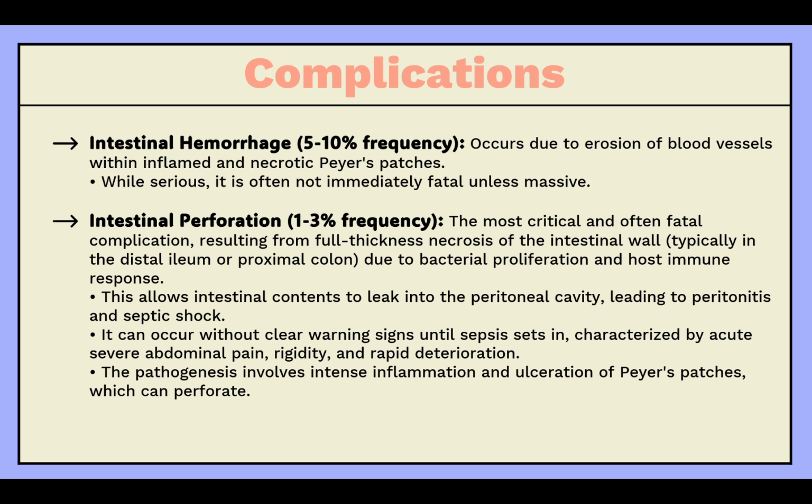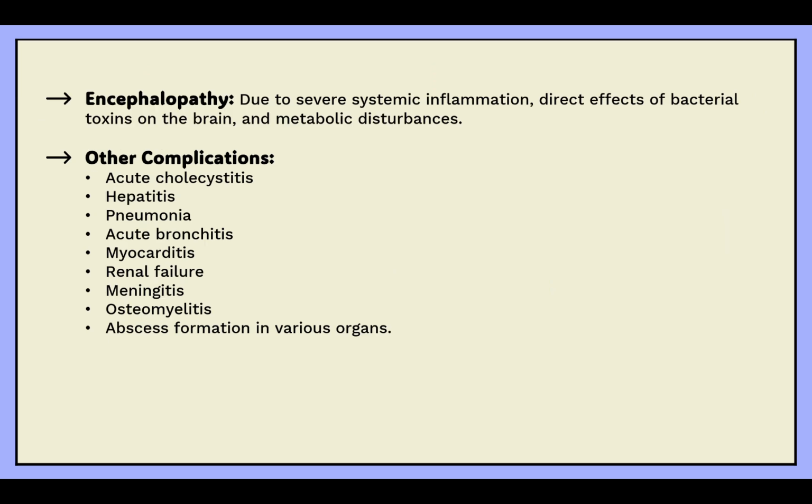These can occur without clear warning signs until sepsis sets in, characterized by acute severe abdominal pain, rigidity, and rapid deterioration. Another significant complication is encephalopathy, which results from severe systemic inflammation, direct effects of bacterial toxins on the brain, and metabolic disturbances.